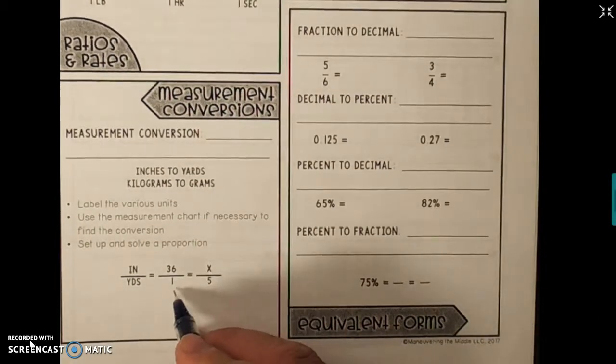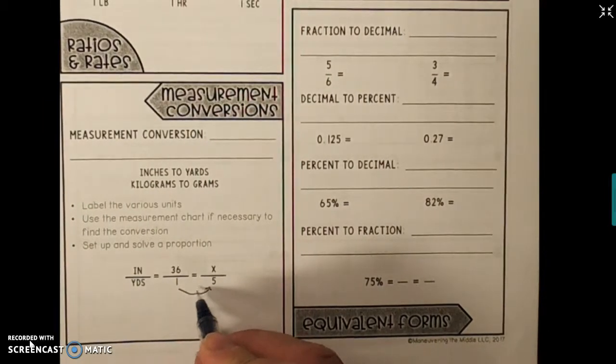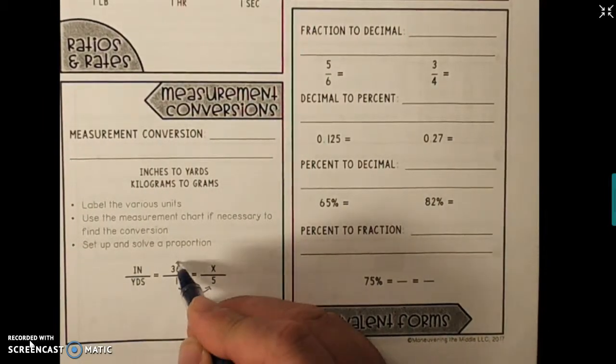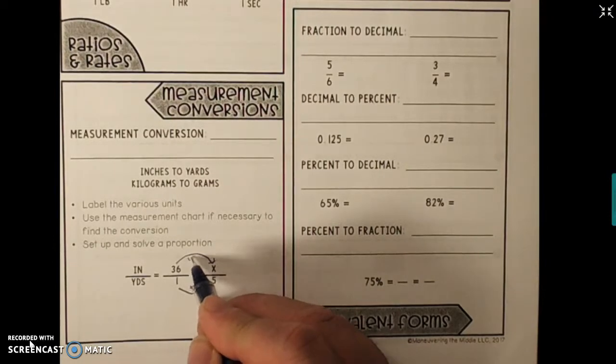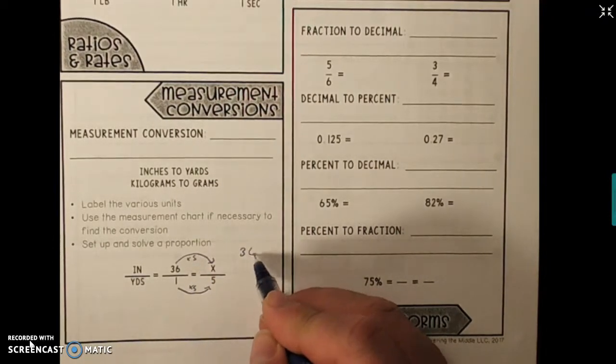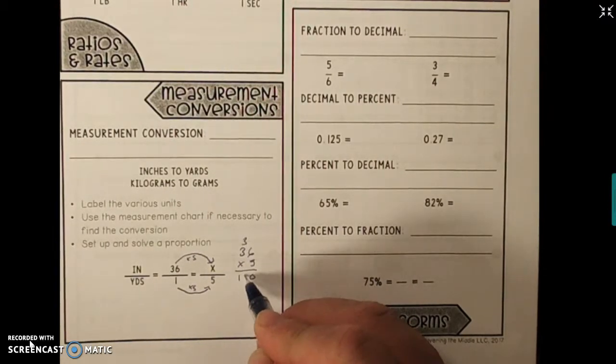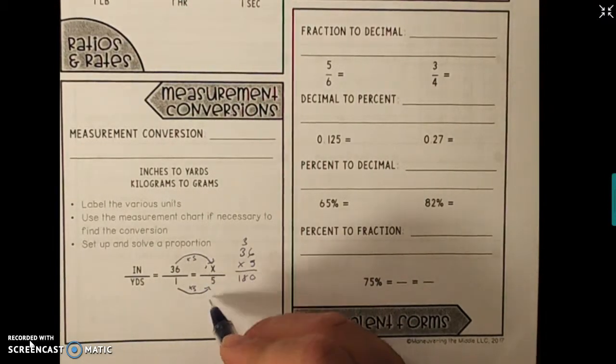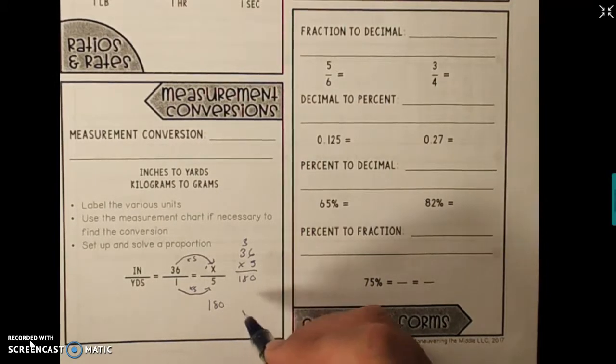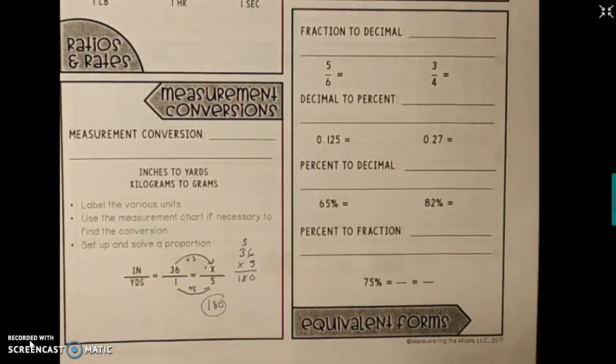I do have a simple scale factor on this one, so I can just do times 5 and do 36 times 5. I'll come out here, do my multiplication, and I get 180 inches. That's my answer.